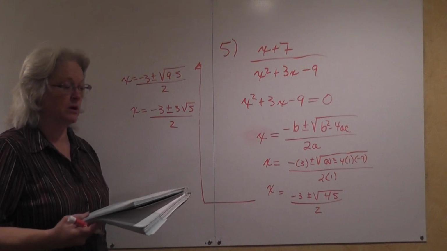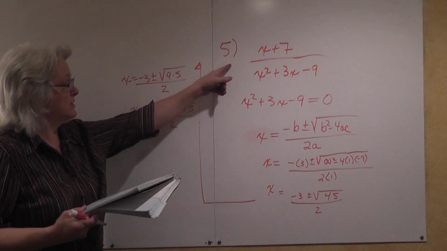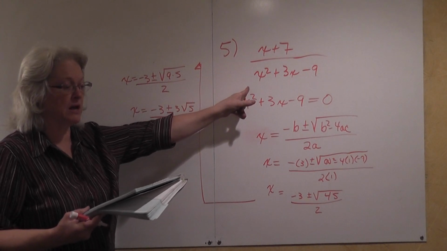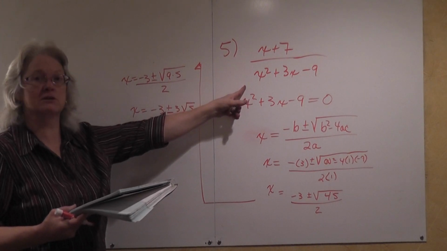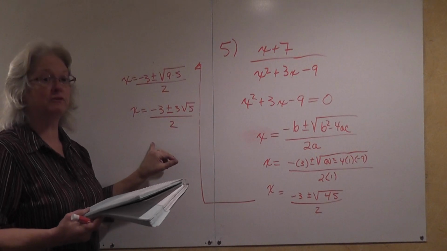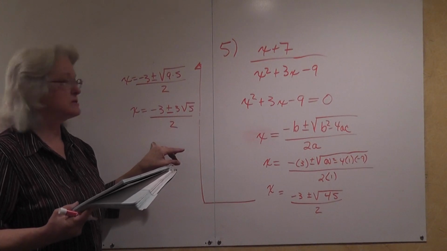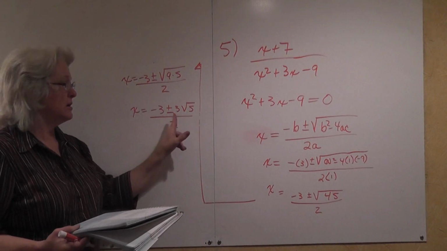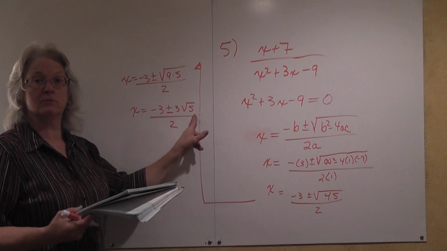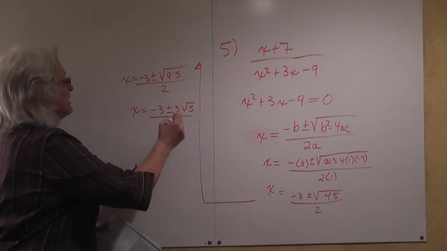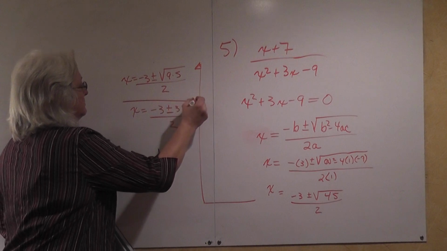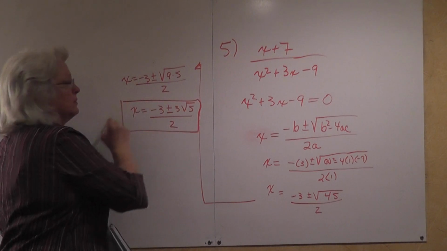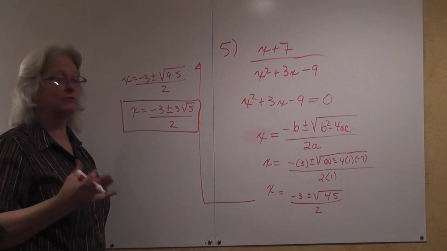All of that divided by 2. You look in your book: x plus 7 divided by x squared plus 3x minus 9 is undefined when x is equal to negative 3 plus or minus 3 times the square root of 5 divided by 2. How do you know when a rational expression is undefined?